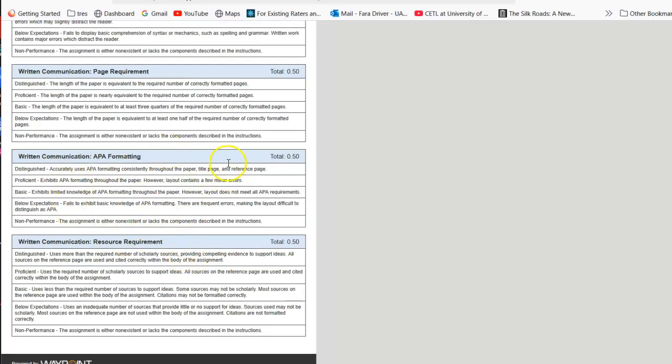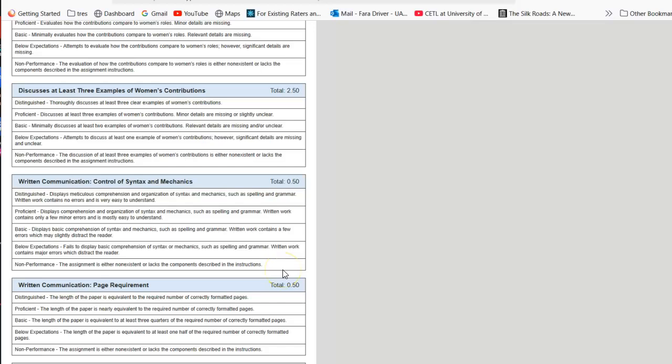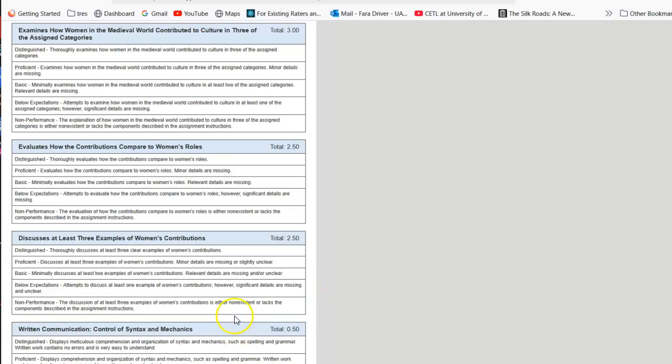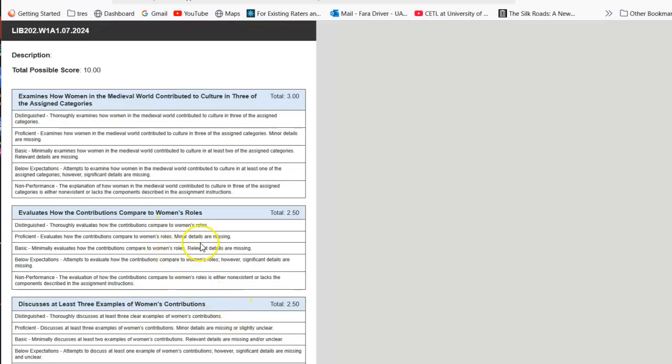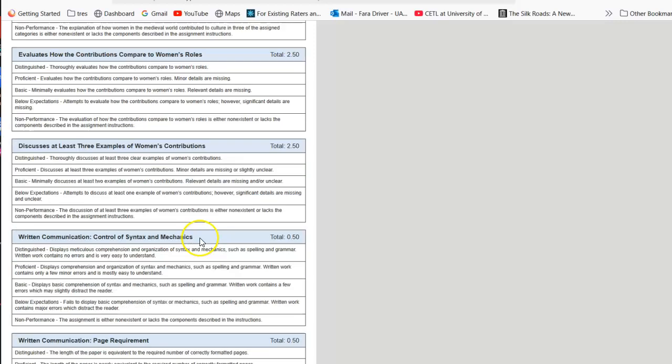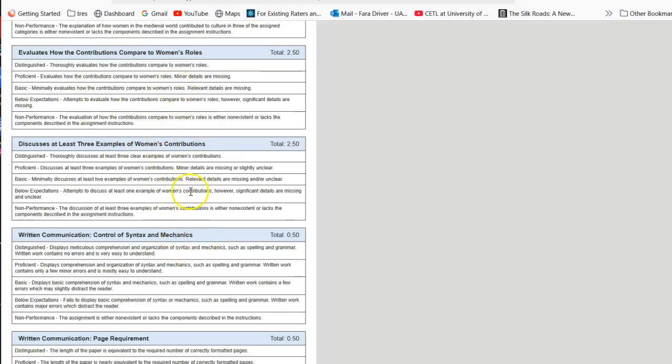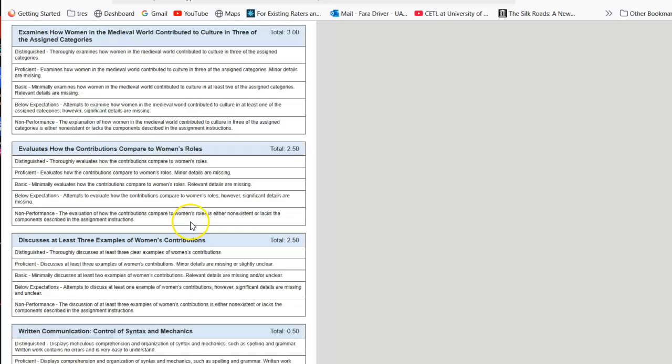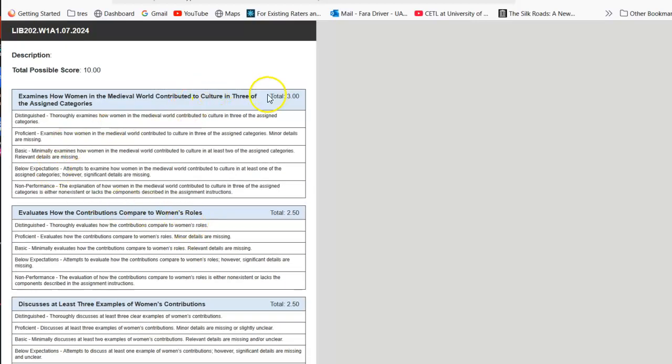It's got a whole category all of its own for APA formatting, and then for your resources, because you have all 4 of those resources that need to be used, which means they need to be cited in the body of the work itself. So always look at your rubrics, and I say that because sometimes when you're looking at the questions themselves, it's easy to get confused about what you think you're supposed to do. Look at the grading rubric, because it will show you exactly what I'm supposed to be looking for when I grade it.